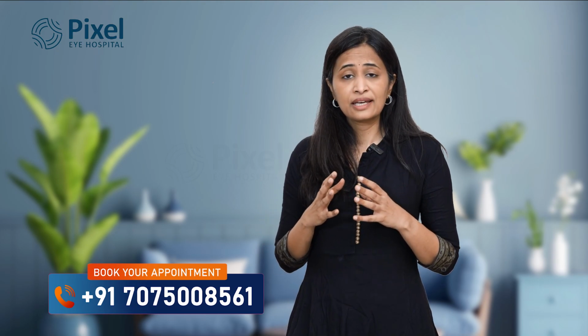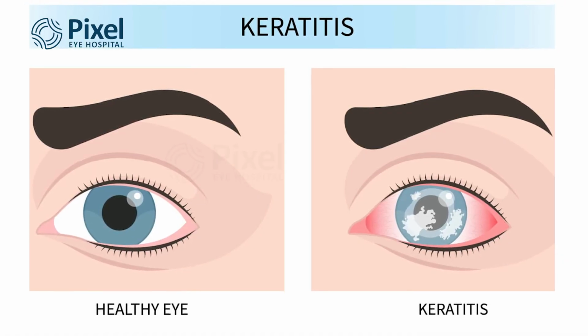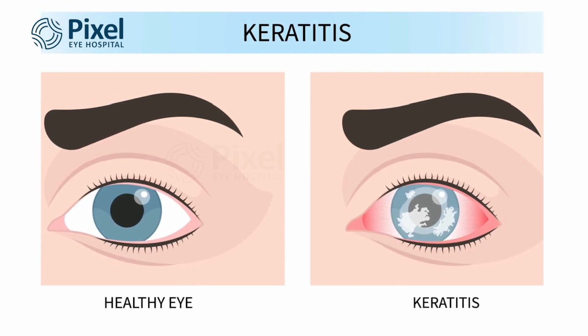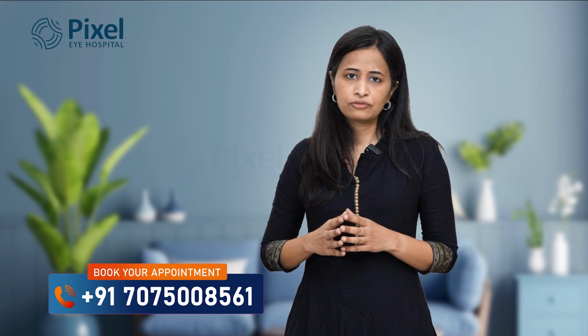Contact lens induced keratitis or corneal ulcers is potentially visually blinding, which might even need a corneal transplant if it is severe enough. So these are some things that you need to be extremely careful of.